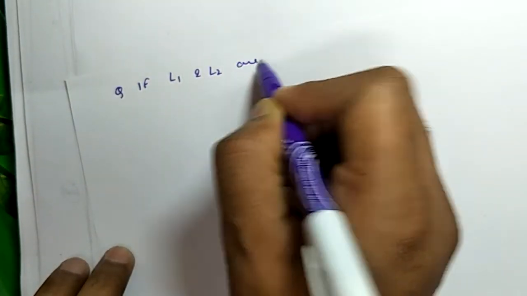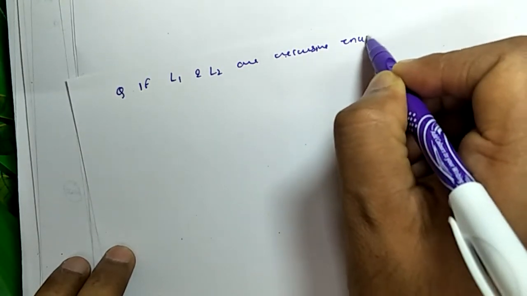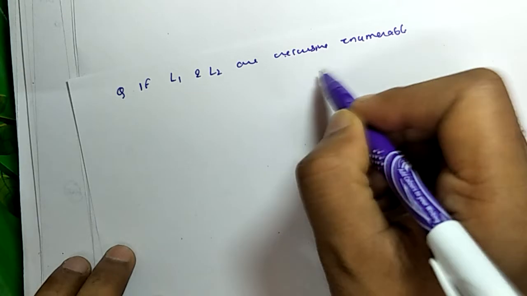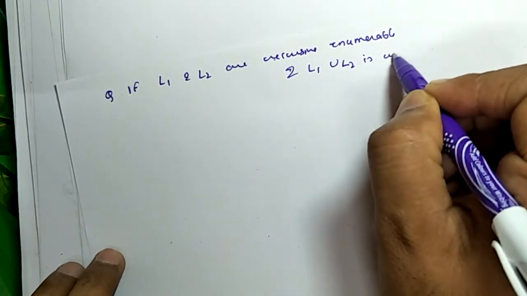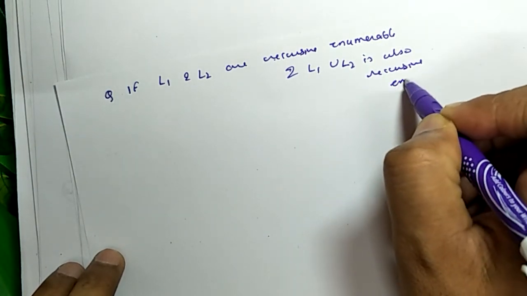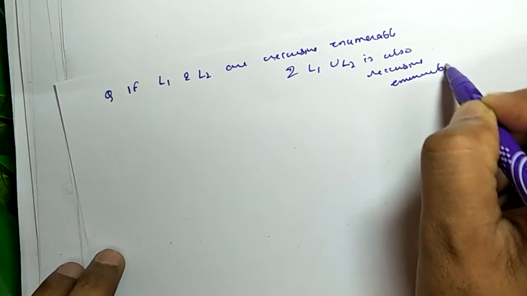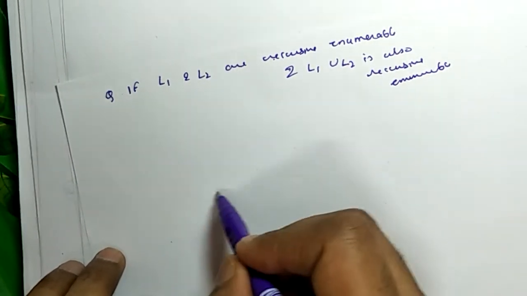If L1 and L2 are recursive enumerable, then L1 union L2 is also recursive enumerable. And we know that in recursive enumerable we know only about yes.